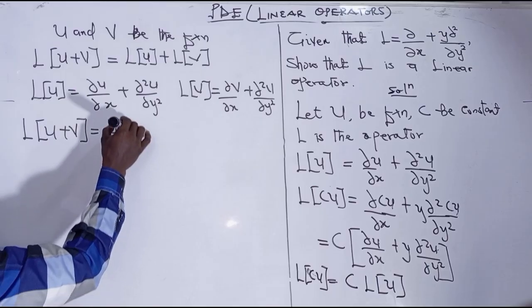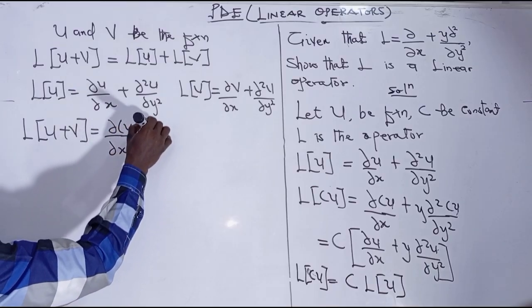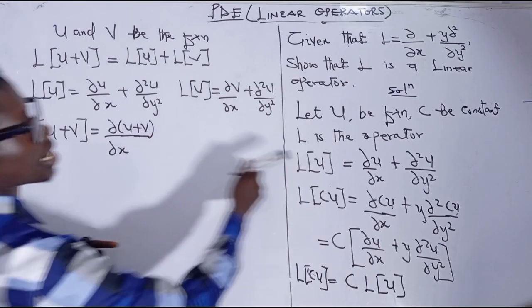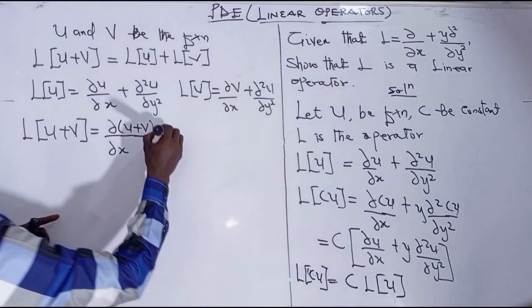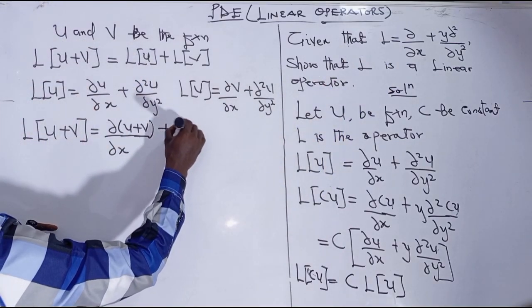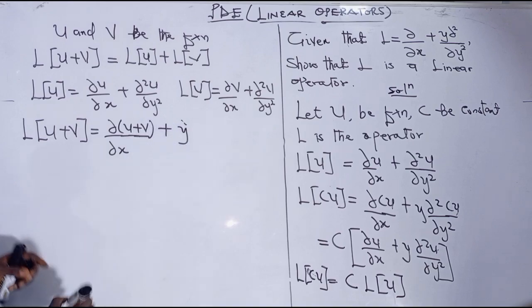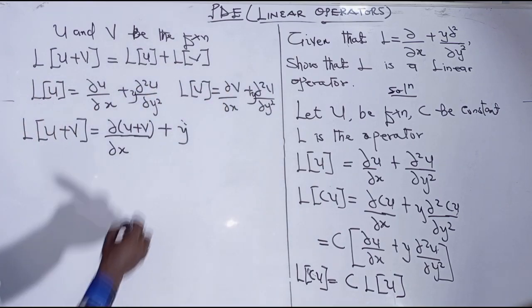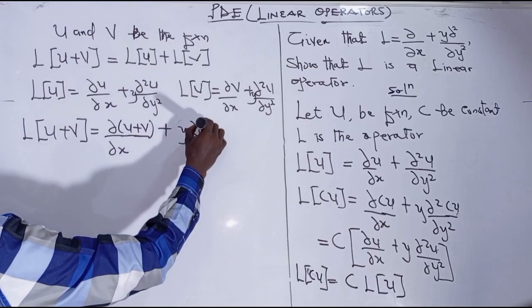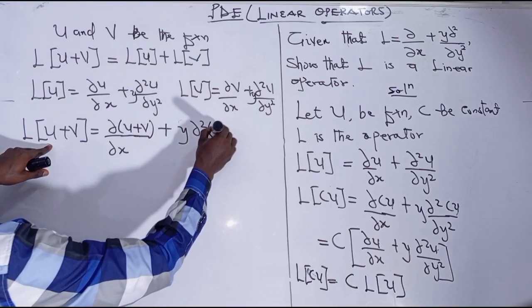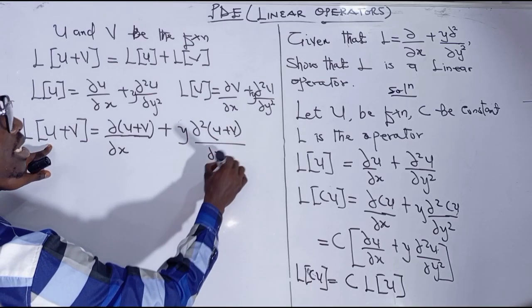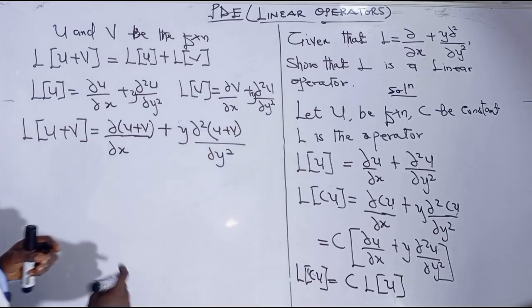So we attach u plus v to the operator. Then we have plus del square, so we have y squared here, then we have u plus v all over the del y squared.